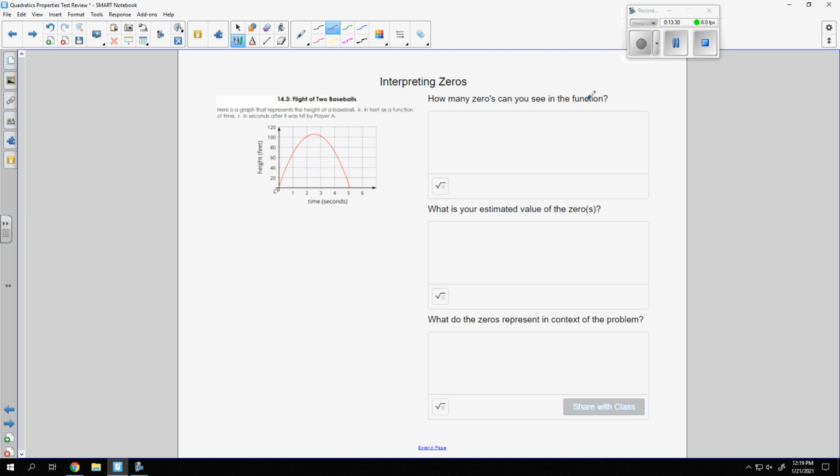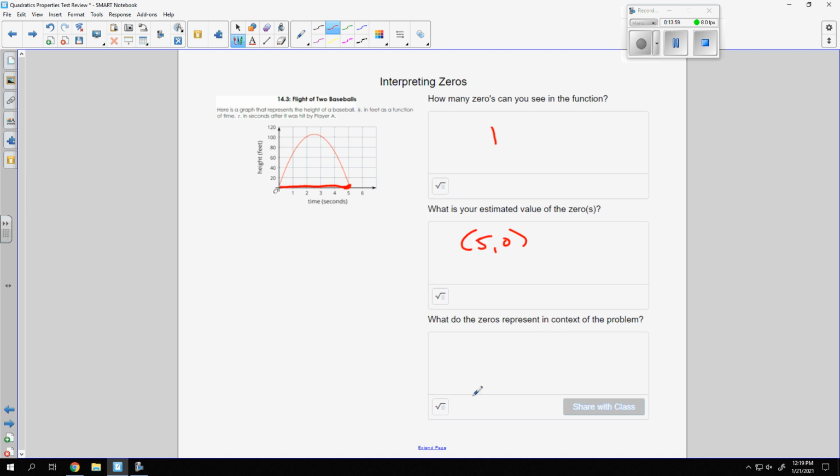So how many zeros does this function have? Well, it will have 2 zeros, but given this situation, in a real world situation, it only has 1 zero. What is the estimated value? Well, that is going to cross the x-axis at 5. What does that zero represent? We're talking about a baseball where it was hit.